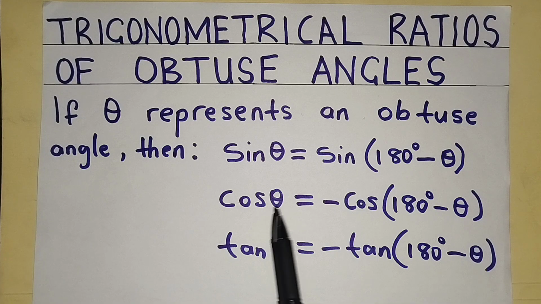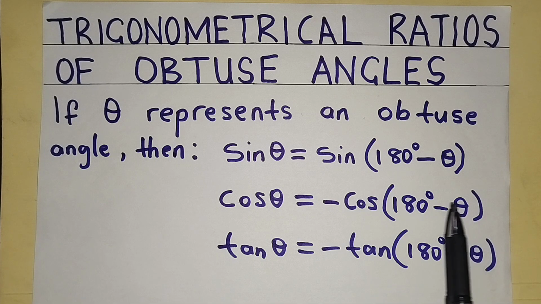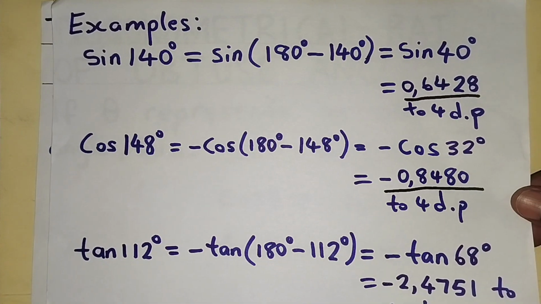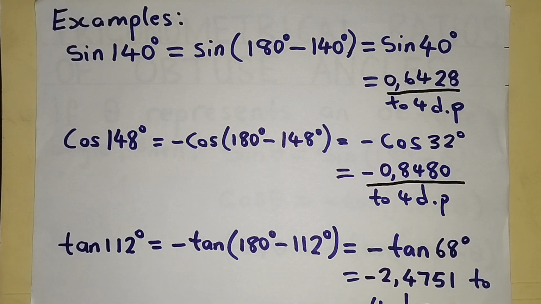The cosine of an obtuse angle equals minus cos of the acute angle, which you get when you subtract theta from 180 degrees, and the tangent of an obtuse angle theta equals minus the tangent of the acute angle, which you get when you subtract theta from 180 degrees. So let me give you figures so that you can have a better understanding of what I'm talking about here.